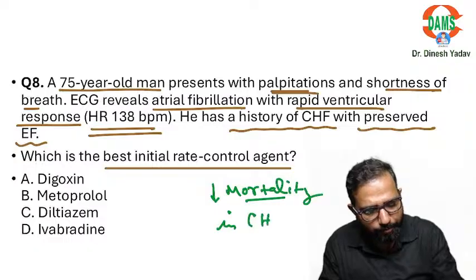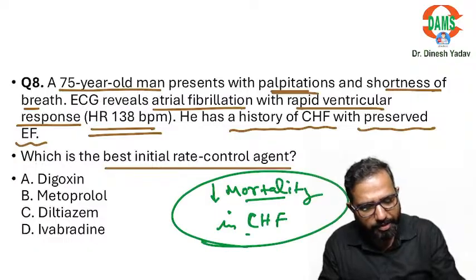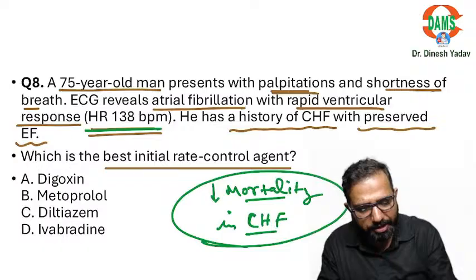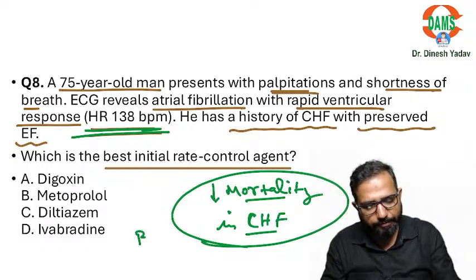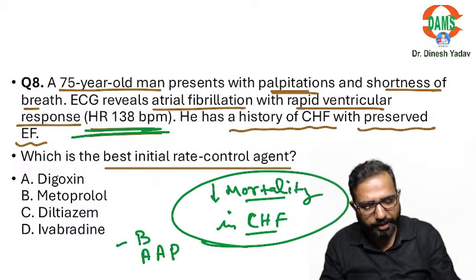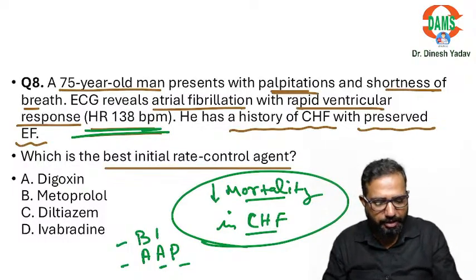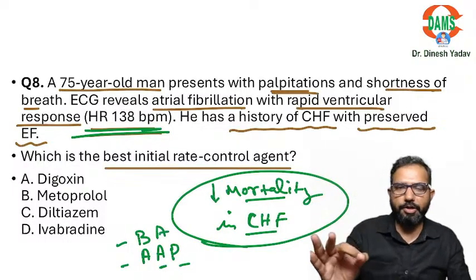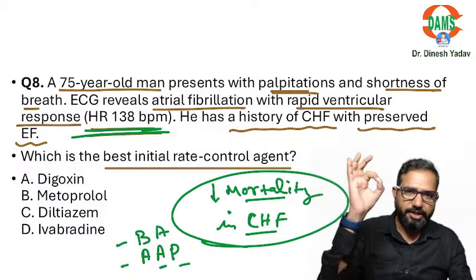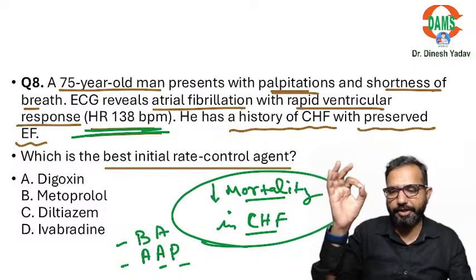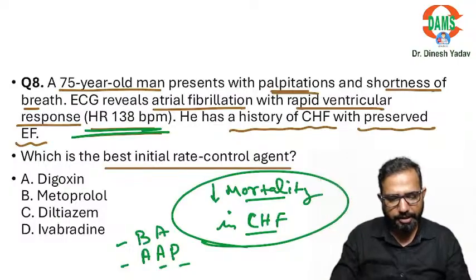That should be the aim always, and simultaneously in this patient the heart rate is very high. So what are the drugs? Told you many times. B for beta blockers, A for ARBs, ACE inhibitors, ARNI, or the potassium sparing diuretics. These are the drugs we use.